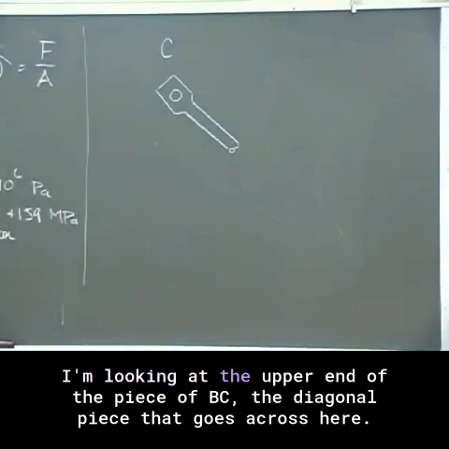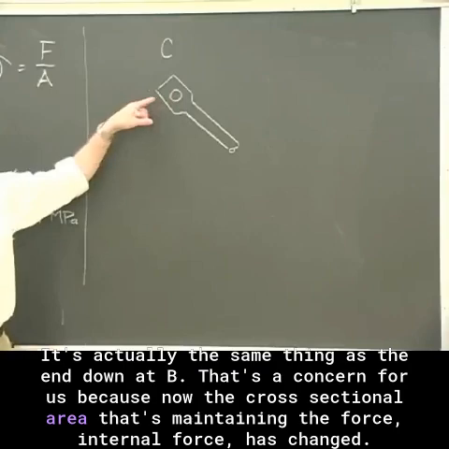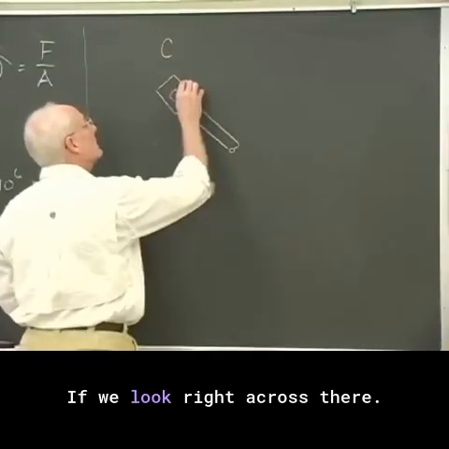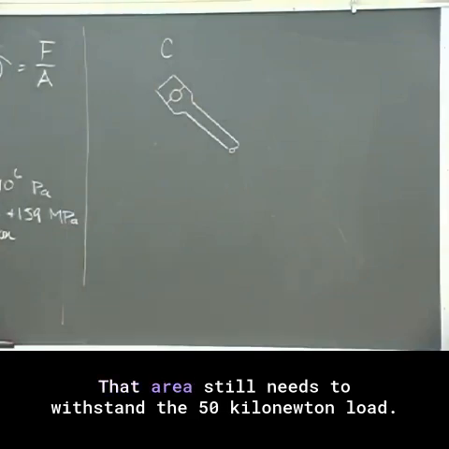I'm looking at the upper end of the piece BC, the diagonal piece that goes across here. It's actually the same thing as the end down at B. That's a concern because now the cross-sectional area that's maintaining the internal force has changed. If we look right across there, that area still needs to withstand the 50 kilonewton load.